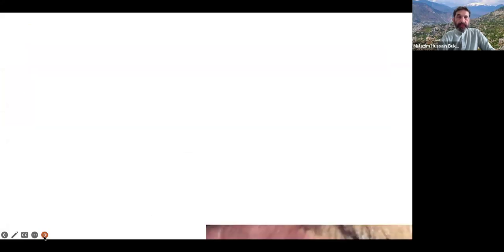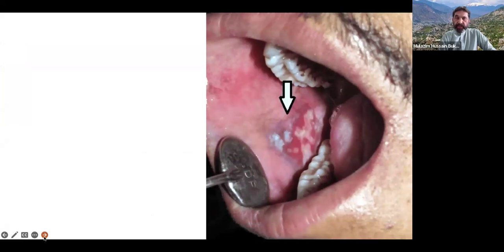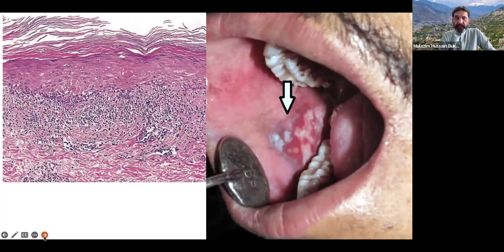So this is the picture. Sometimes you see whitish, reddish mucosa on this side, and you take the biopsy and the history.